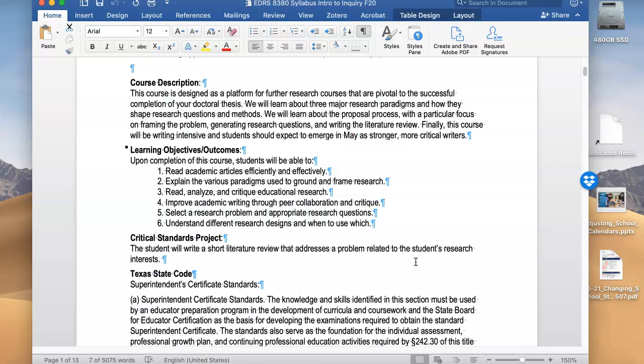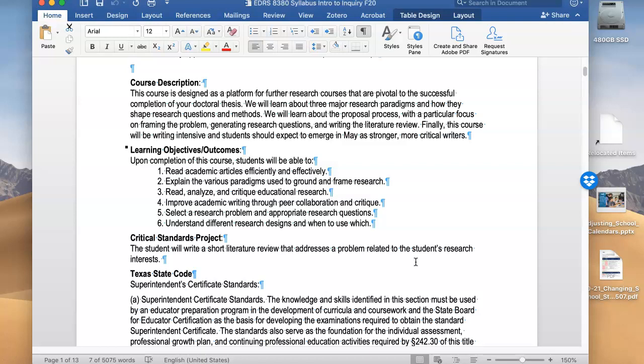We will learn about 3 major research paradigms starting next week and how they are critical to shaping research questions and research methods. We'll learn about the proposal process, and particularly we'll focus on these first 3 parts: framing the problem, generating research questions, and writing your literature review.